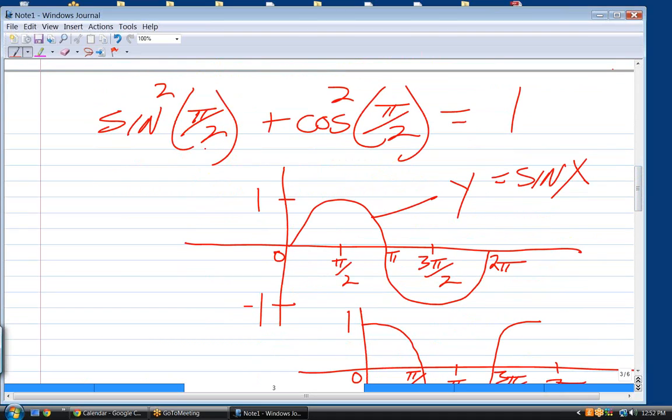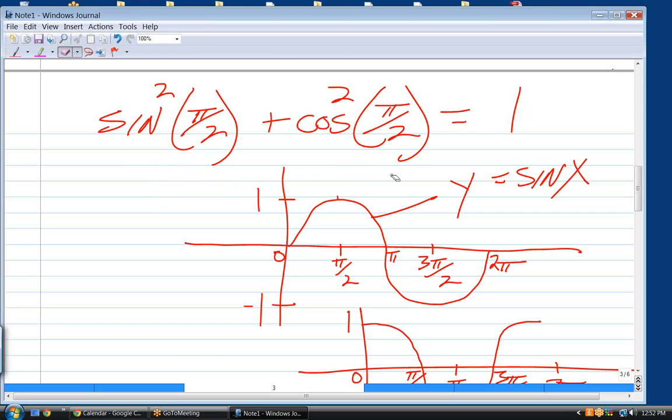Okay, so let's go back to our problem. The sine of pi over 2 was 1. Squared is still 1. Plus the cosine of pi over 2 is 0. Squared is still 0. So 1 squared plus 0 is equal to 1. And no matter what angle you would have given me, it's still going to equal 1.